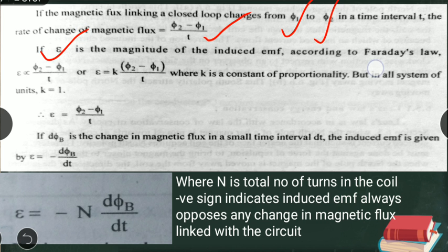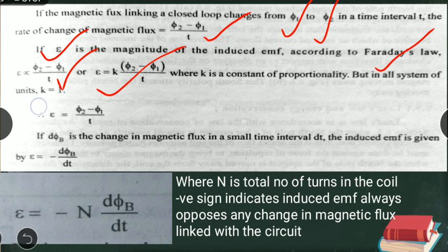Next, what does Faraday's law state? Whenever there is a change in the magnetic flux linked with the coil, an EMF is induced. See here, E is directly proportional to Φ2 minus Φ1 upon t. The expression can be written with a constant of proportionality: E is equal to K into Φ2 minus Φ1 by t, where K is the constant of proportionality.